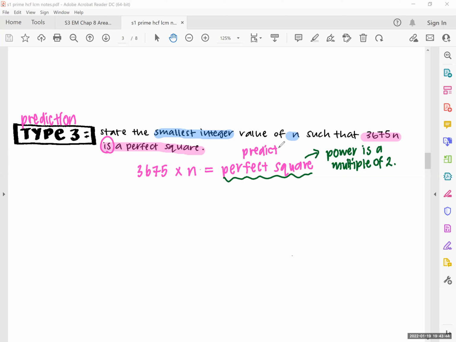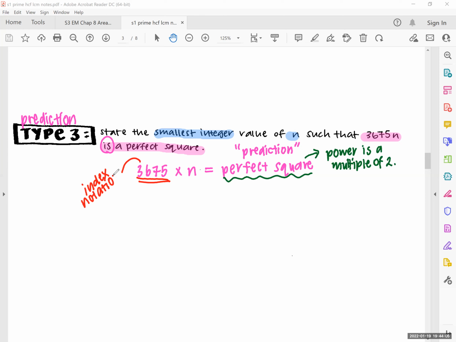So-called prediction. That's not the right term for it, but it's like your prediction. First thing first, whenever you do this, you must always make sure that this is broken down into index notation. Because right now, this is not in index notation. So let's do it in index notation.